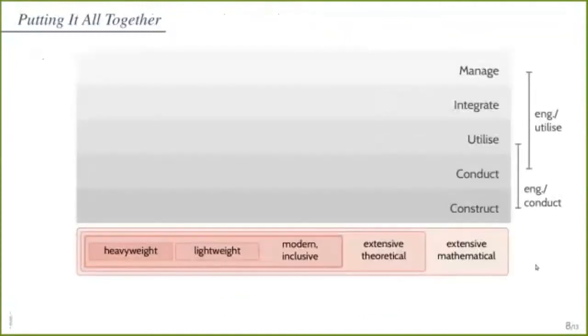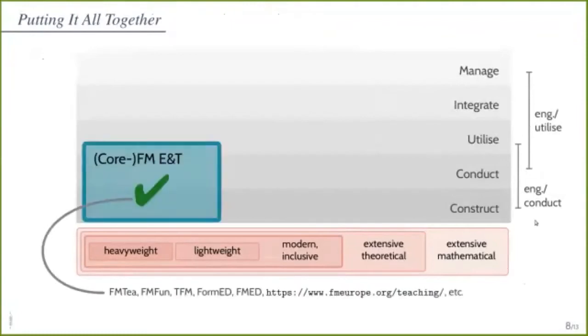Now, if we put the interpretations of the term formal methods on one axis and activities on the other one, then I would locate classical core formal methods education around here, focusing on classical narrower interpretations and on people who construct or conduct. And right here, everything may be fine.